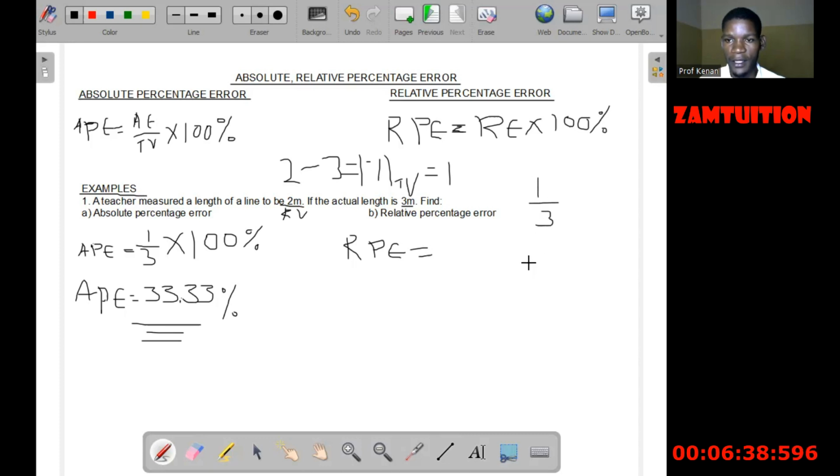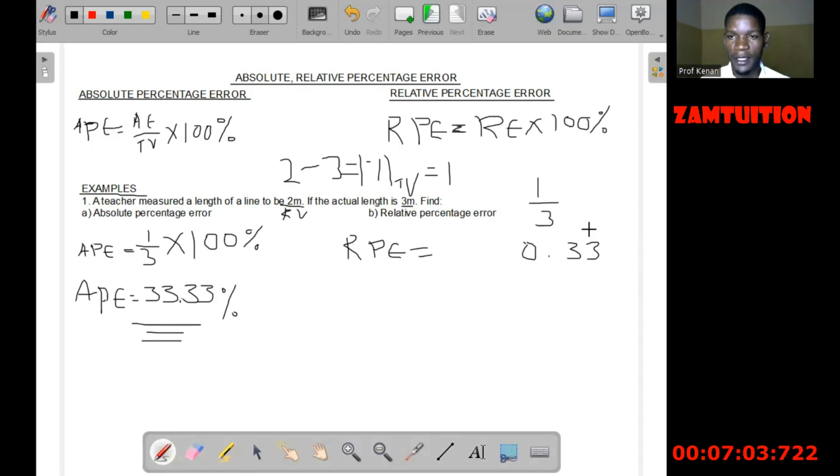When you divide this, it will give us 0.3333, which is a non-terminating decimal. So this is our relative error.